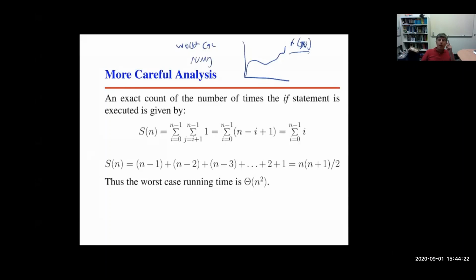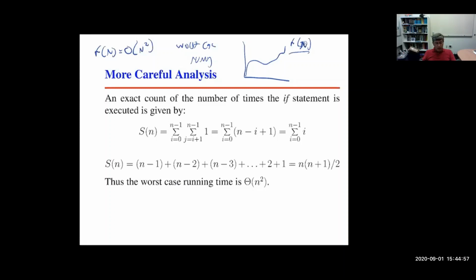If I give you an analysis that the worst case running time is always less than g of n, if I say f of n is O of n squared, I have proven that the worst case running time of this algorithm is no worse than n squared.